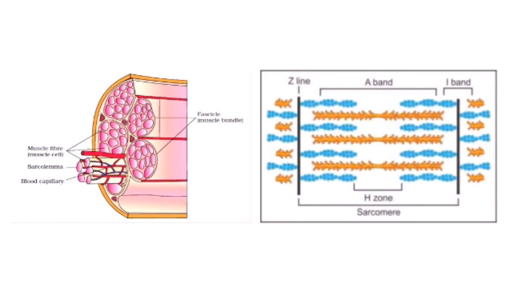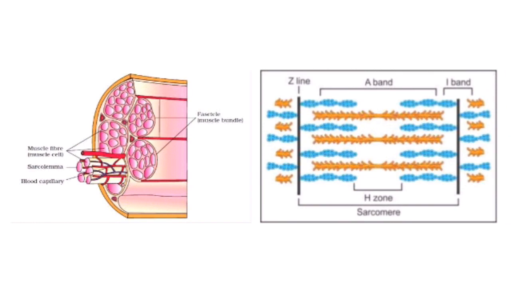See the detailed structure of the skeletal muscle fiber, and see the sarcomere. The blue lines are showing the actin protein, and the brown ones are the myosin, and the black line is the Z line.